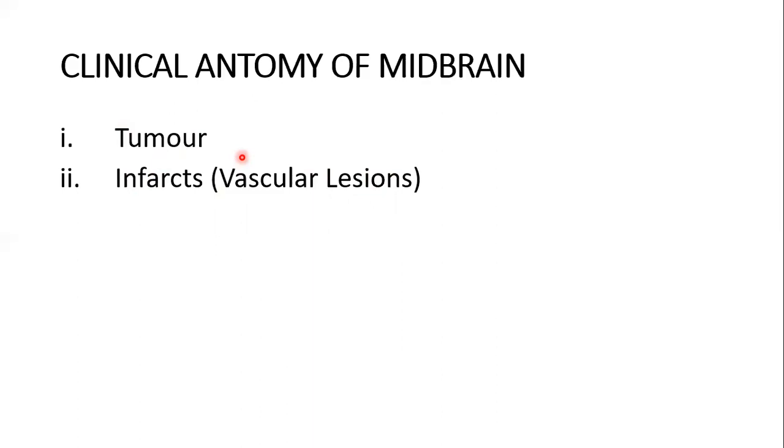The tentorium cerebri edges are very sharp, and it can be subject to trauma when the head is having an injury where it moves at a faster rate. So then there can be tumor and the vascular lesion of the infarcts.